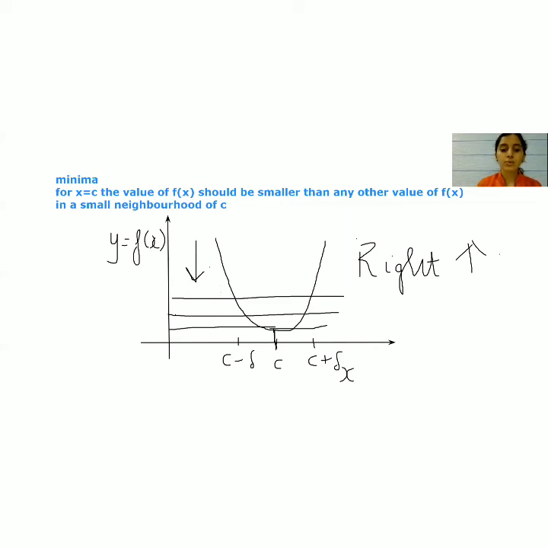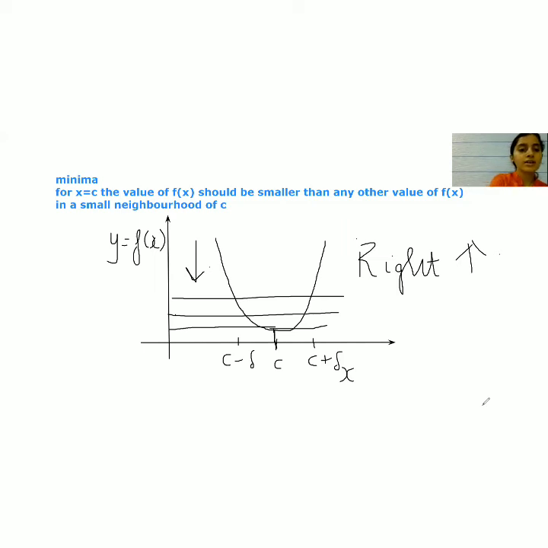So if I want to put it in a function form, how will we write it? If I want to express it in intervals, how do we write it? Let's write it in interval form.